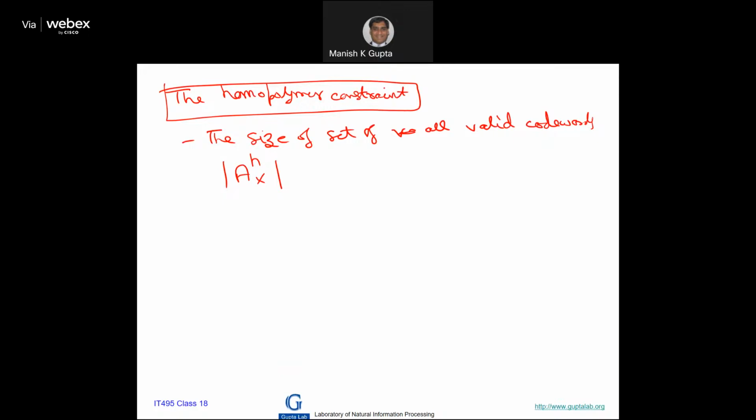The size of AX, actually not a mod but the total size, indicates the size of AX. AX is the set of all DNA molecules that you are going to send, and AXH is with the homopolymer constraint, right? So this quantity is equal to Q_ML times 4^L. So this is the size of AX with the homopolymer constraint.